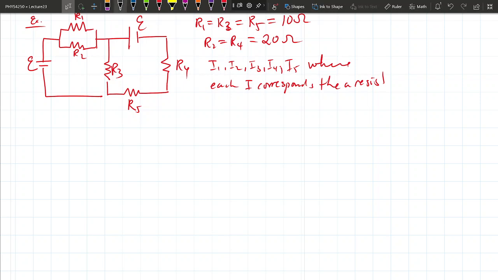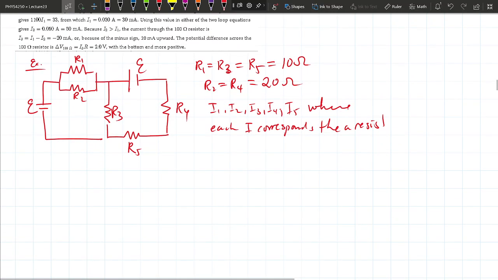Let's just do it, since I don't think it's harmful. So let's make I1 this way, I2 this way, right? Since we have a battery that's going to be fighting this. So maybe I4, let's make it go this way, right? That means this is also I4, but it's going to the left. Does that make sense? Okay.